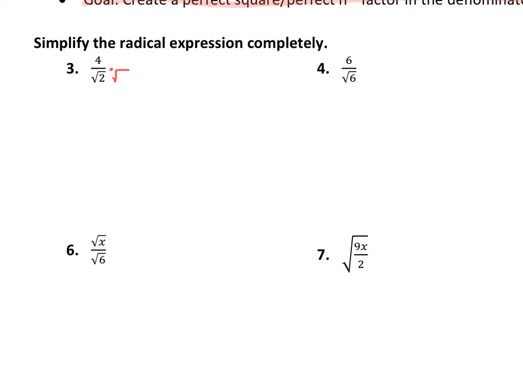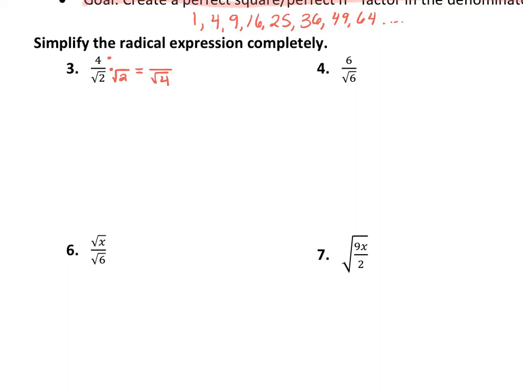Some of my perfect squares are 1, 4, 9, 16, 25, 36, 49, 64, and so on and so forth. Our goal is to get one of those numbers underneath the radical, usually the smallest one possible. So in this case, if I multiply by square root of 2, that'll get me a square root of 4 in the denominator, which is good.